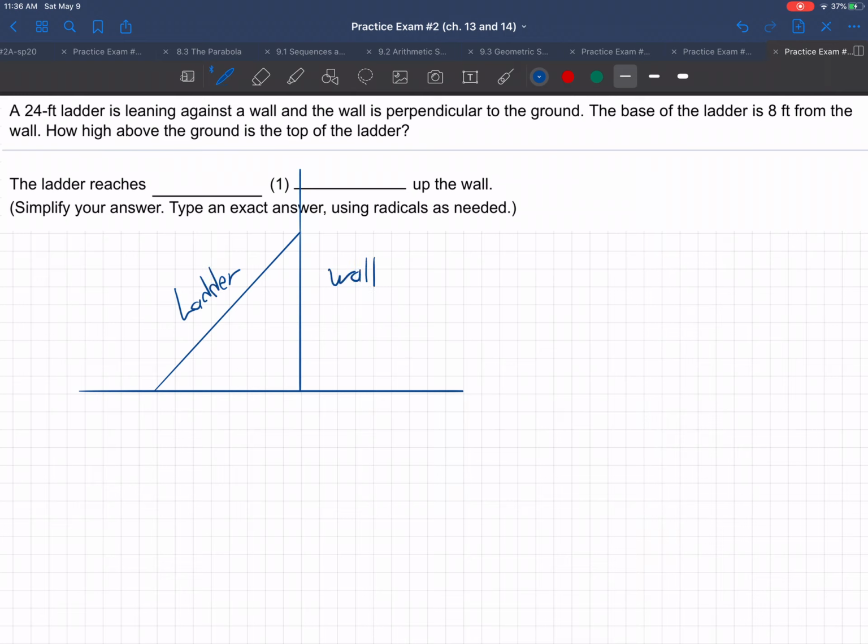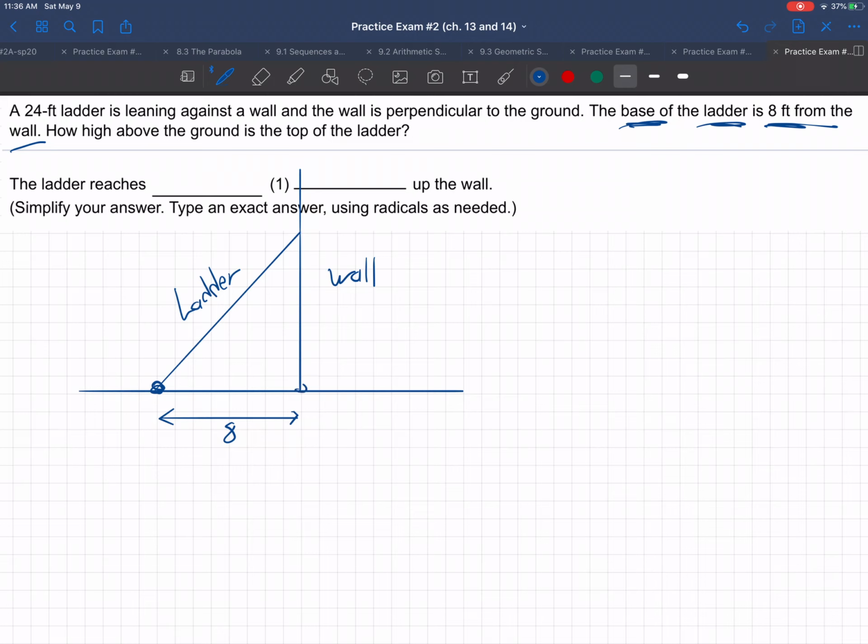Here's my wall. Okay. And what does it say about it? It says the base of the ladder is 8 feet from the wall. So that means from there to there must be 8 feet, right?